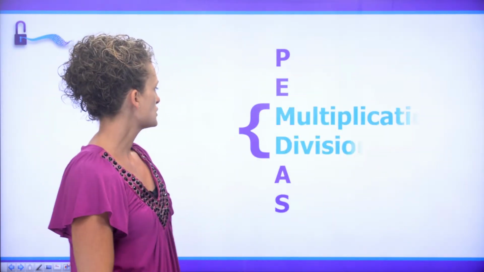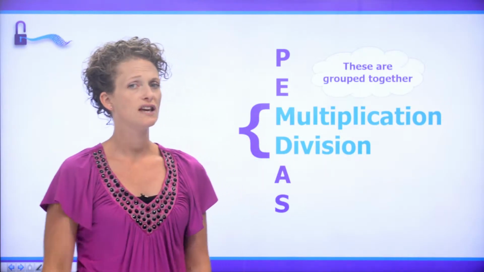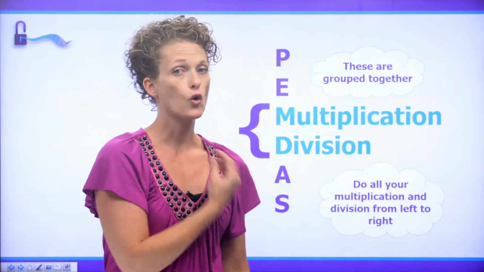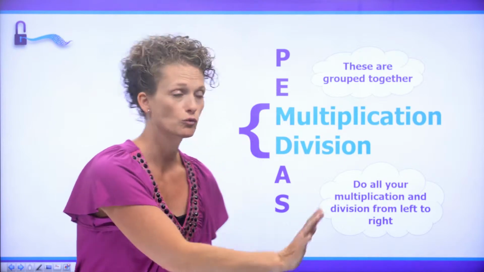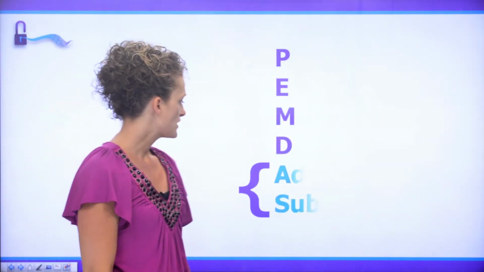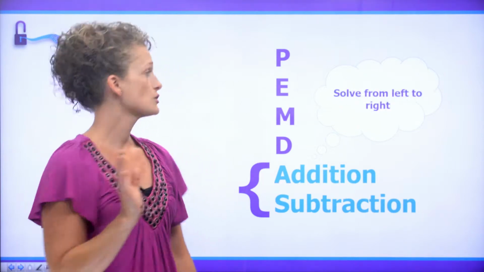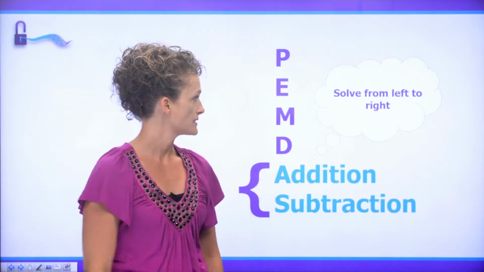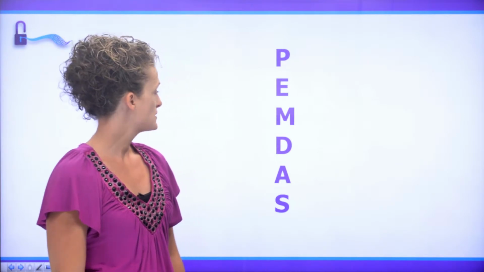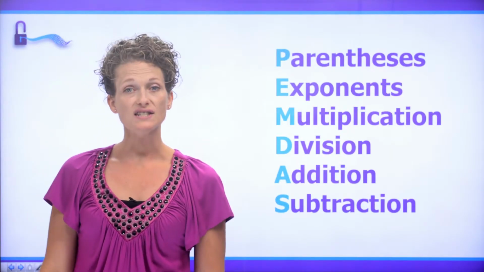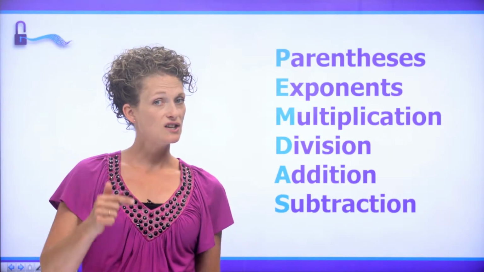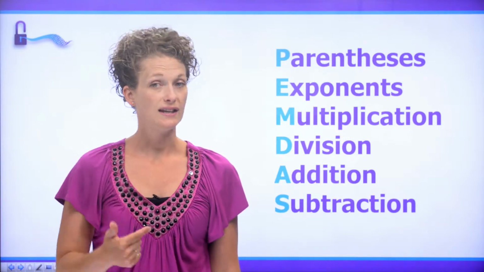Then we have multiplication and division, and these are grouped together. And we solve them in the order in which they appear from left to right. Same with addition and subtraction. They are also grouped together, and we also solve from left to right. So again, PEMDAS stands for parentheses, exponents, multiplication and division, addition and subtraction.